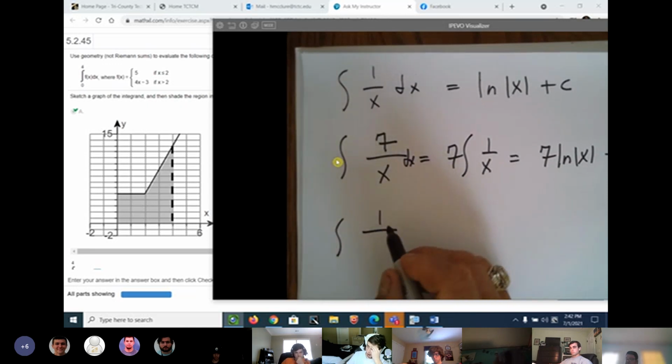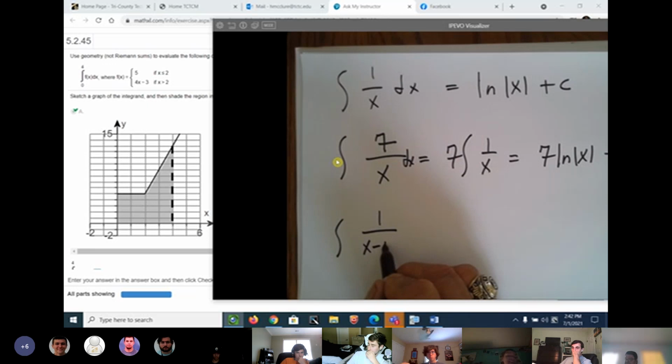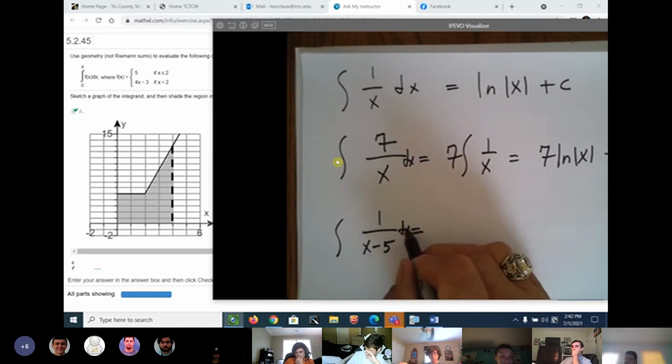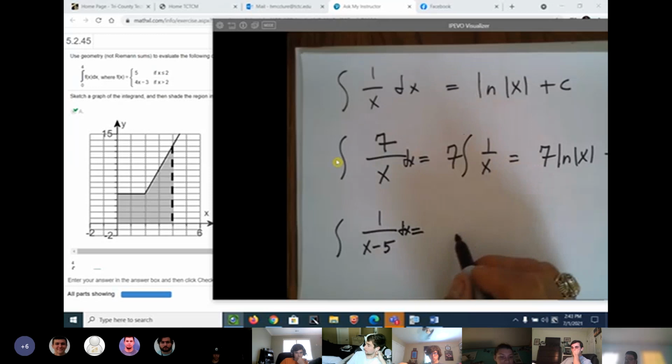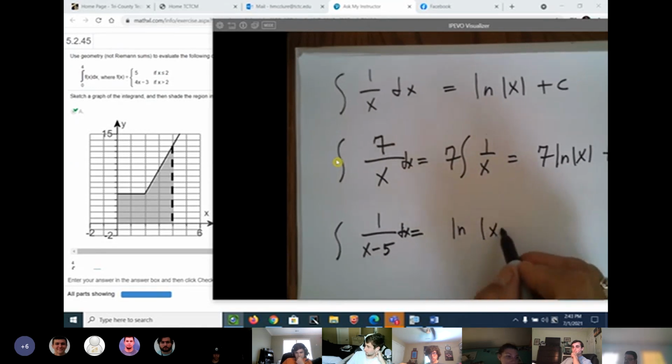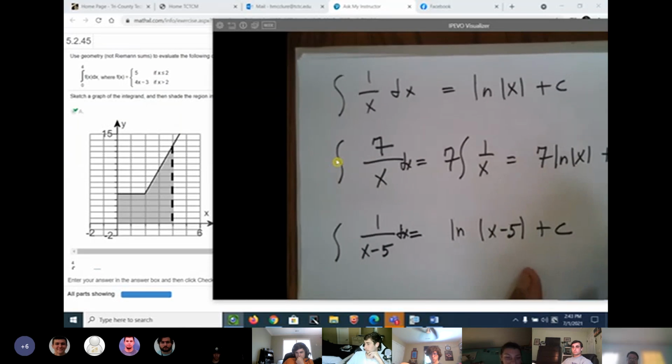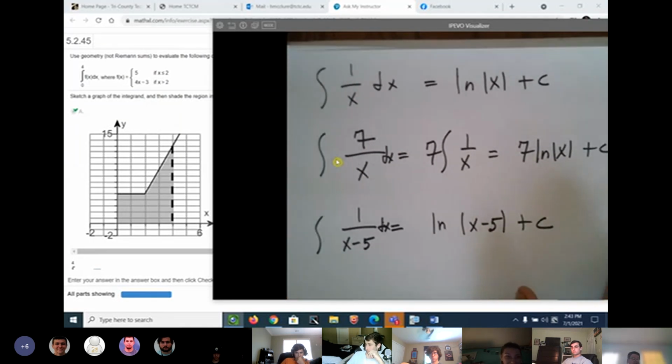The antiderivative of 1 over x minus 5 dx is going to be equal to the natural log of x minus 5 plus c. So you know your logarithms. You've got your cheat sheet that I sent you yesterday and today that has logarithms on it.